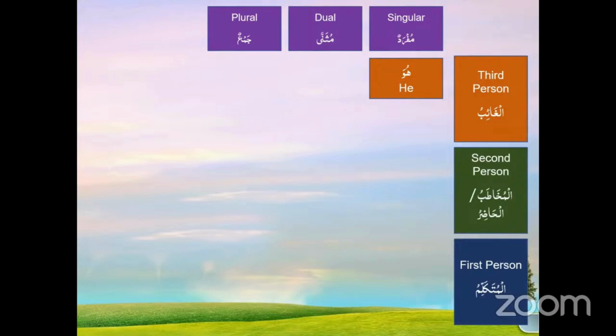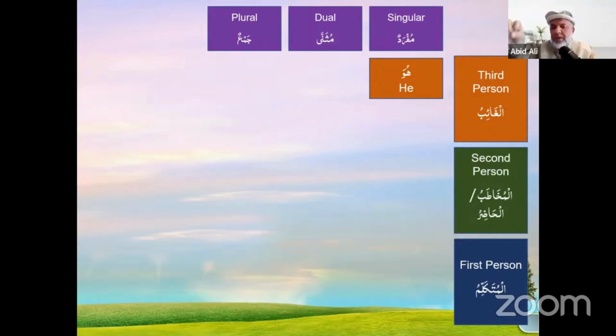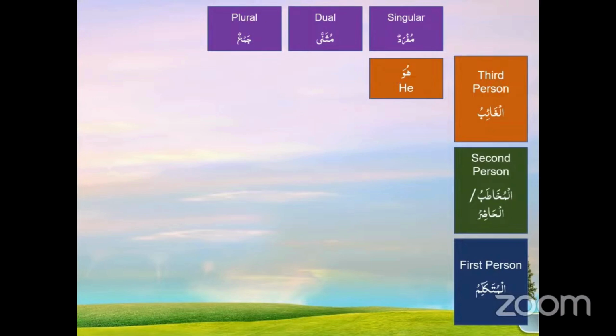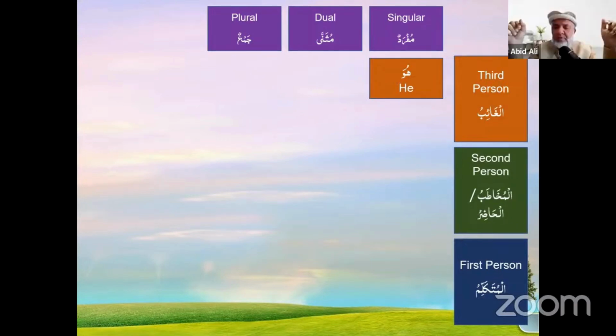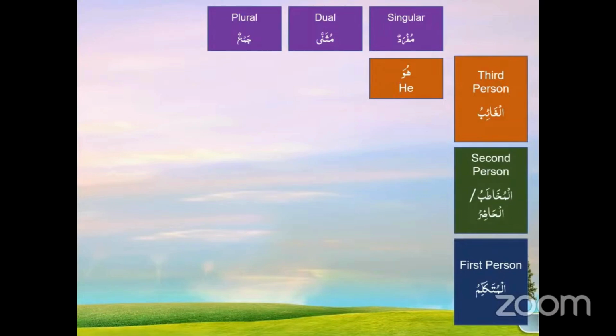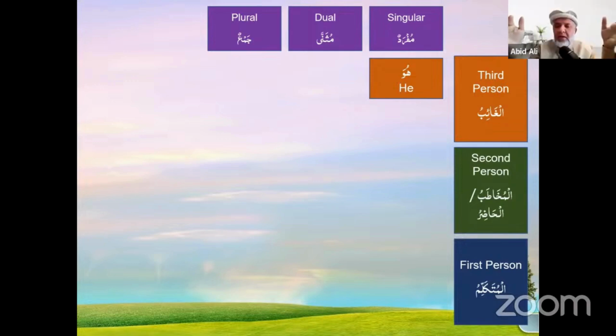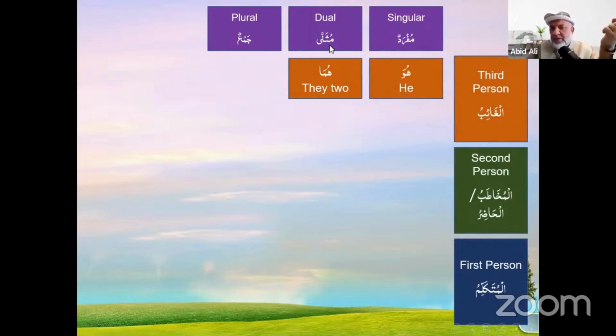And then we have persons. We have third person, we have second person, and we have first person. What will be the example of a second person? You. And what is the example of first person? I. Yes. So if we are talking about masculine, am I going to say he as one person, right? And then the number: mufrad is singular, the dual is musanna, and the plural is jama.